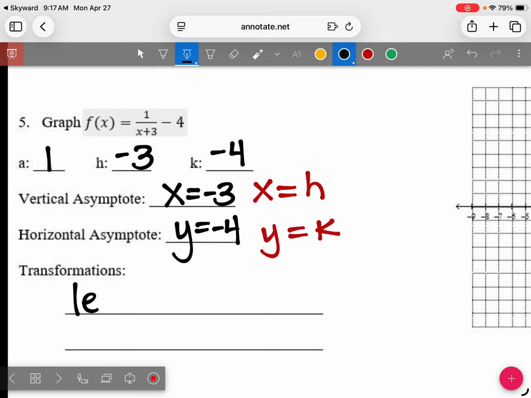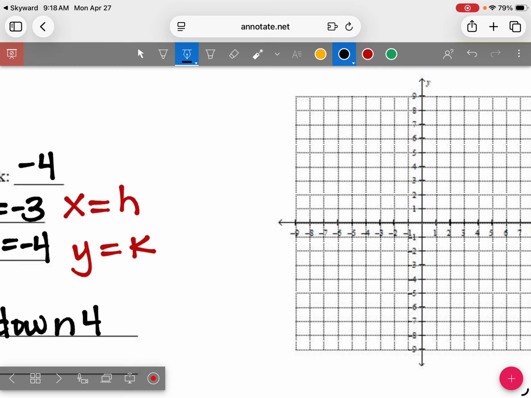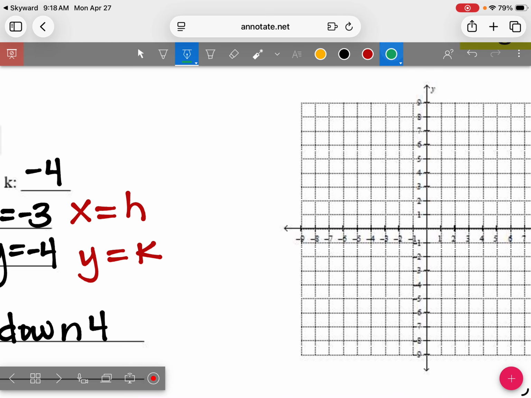The -3 made it go left 3. The -4 pushed it down 4. So now we're going to pick up our color pencils, pick up a color, and let's draw in our asymptotes. So at -3, I'm going to make it green. And then put another one in at -4.